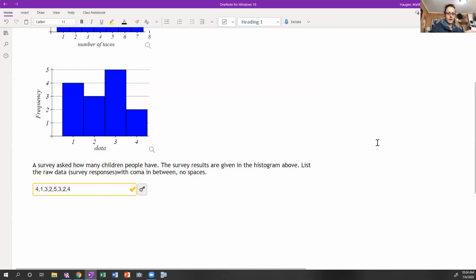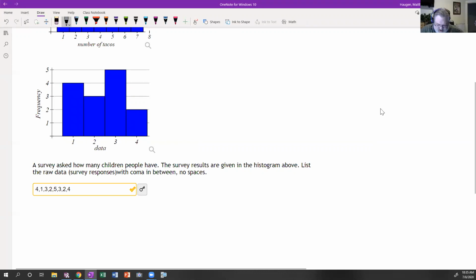Yeah. So how many children people have, survey results are given in the histogram. List the raw data with commas in between those spaces. Okay, so you've got here a 4, a 1, a 3, a 2.